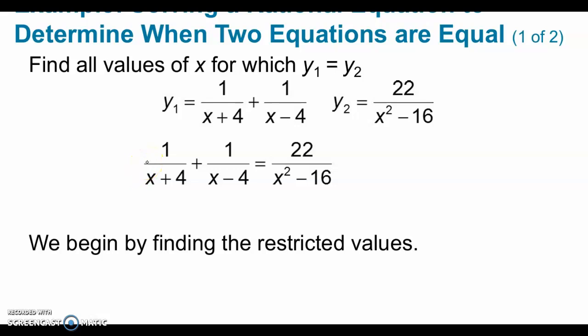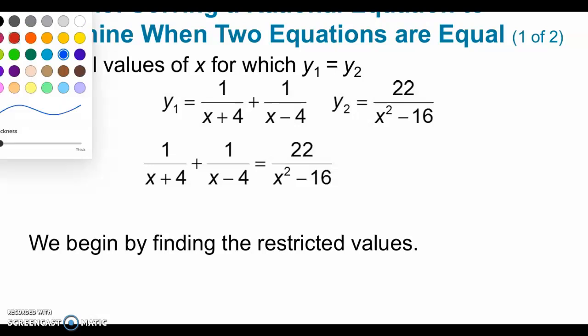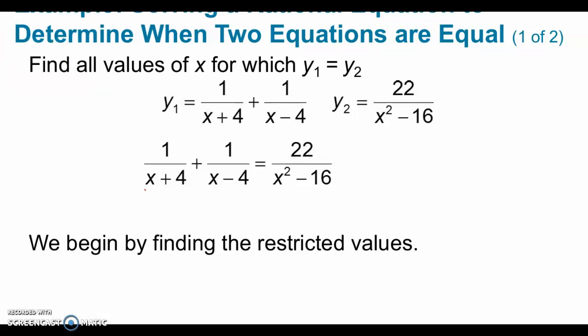It says first we begin by finding the restricted values. Remember, there are some values that you cannot put in for x here, because if it makes the denominator 0, then it will not be a solution to the equation.